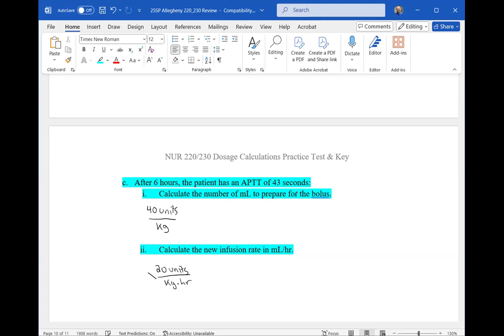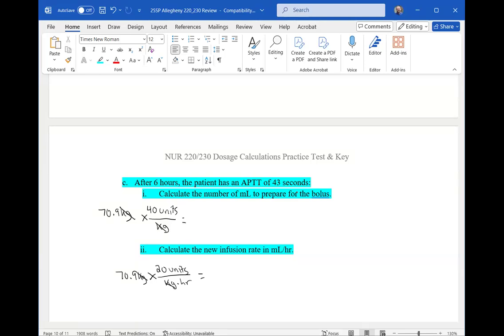Okay. Now, we're talking about the same patient, so their weight really hasn't changed too much. So 70.9 kilograms. And what we're going to do is just cross out kilograms and then find out what our units are for the bolus and units per hour are for the infusion rate.